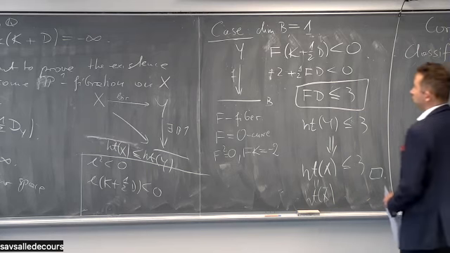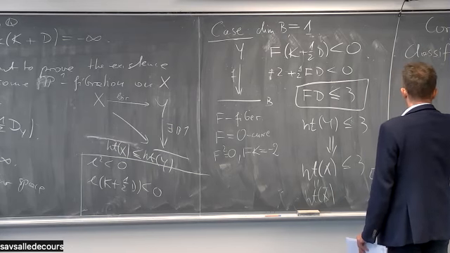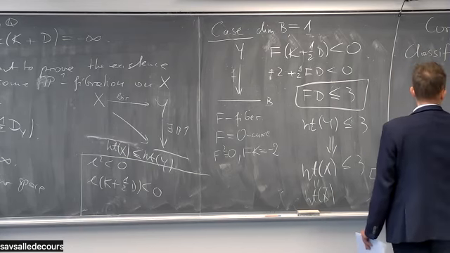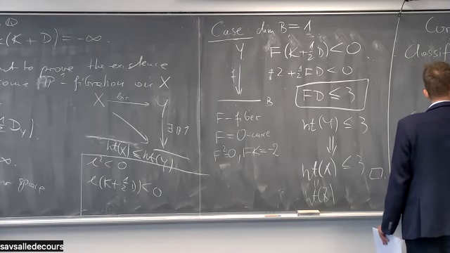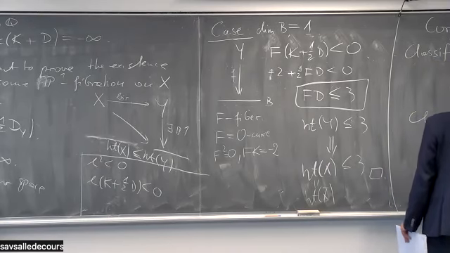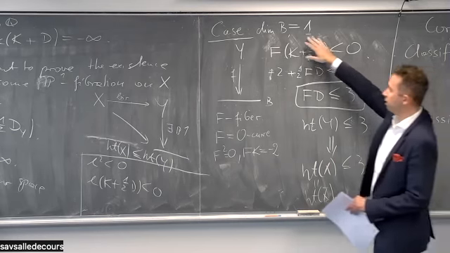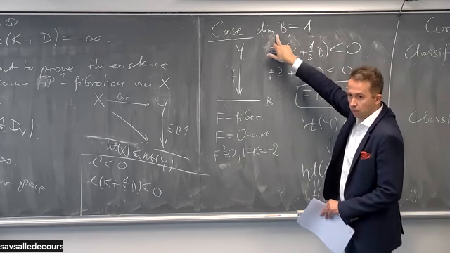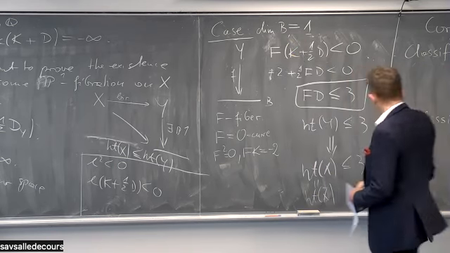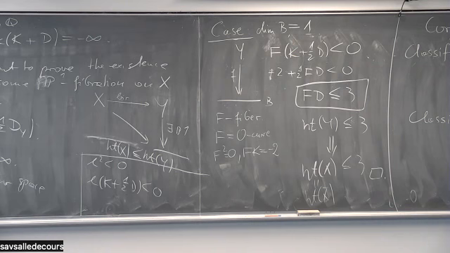You can reduce this problem to classification of pairs Y, half of D_Y, which are in the second case. But the second case was that the base is a point, so it's a log del Pezzo surface. This time you cannot expect D_Y to be 0. So these are log del Pezzos of rank 1.